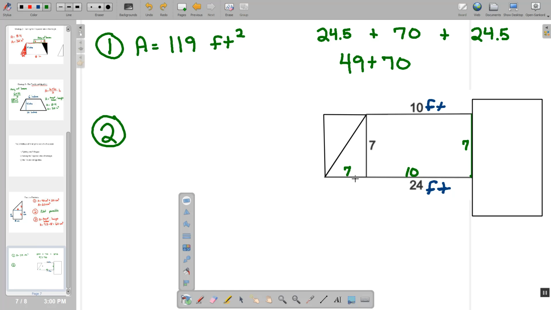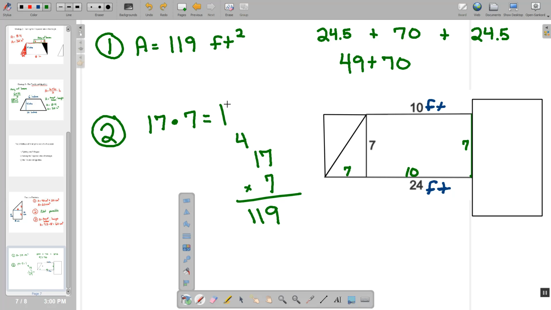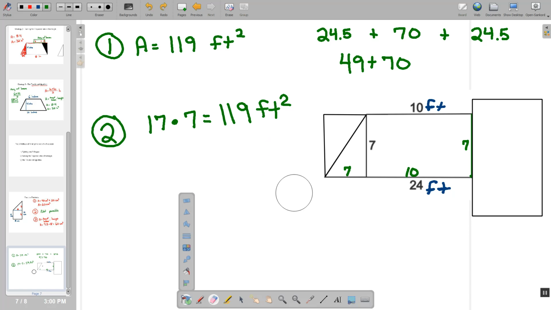We end up getting a length of 17 and the height of 7. So we do 17 times 7. And if I do 17 times 7 with our algorithm, once again, we end up getting 119 square feet. So there is our answer for number 1 and number 2.